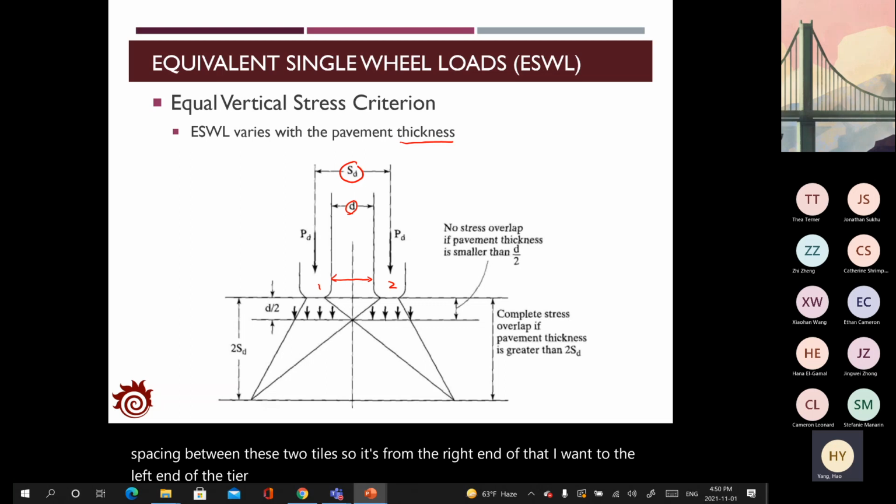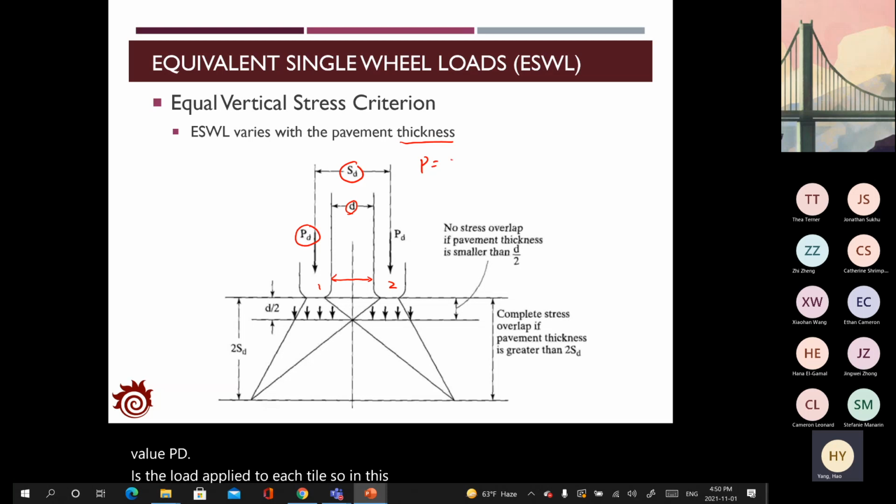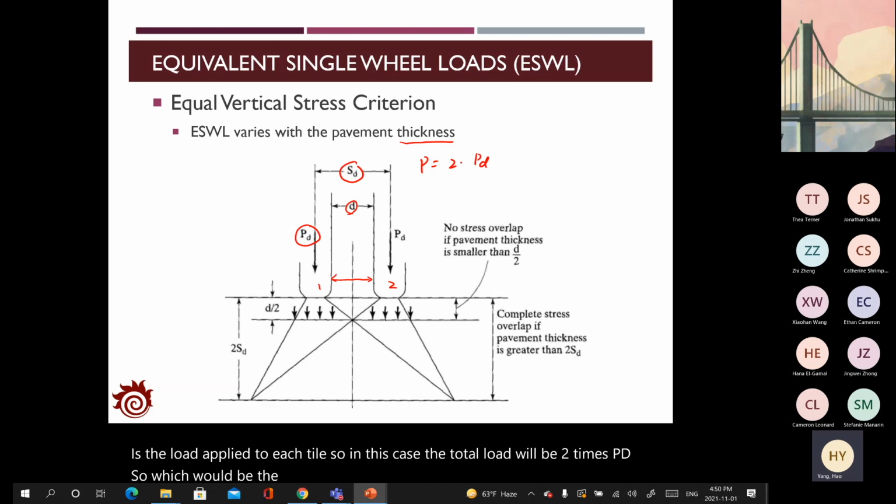Of course, SD here is larger than D. And the value PD is the load applied to each tire. So in this case, the total load will be 2 times PD. We define PD as the load applied to each tire under this dual tire system.